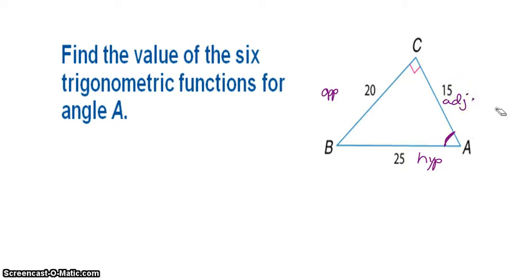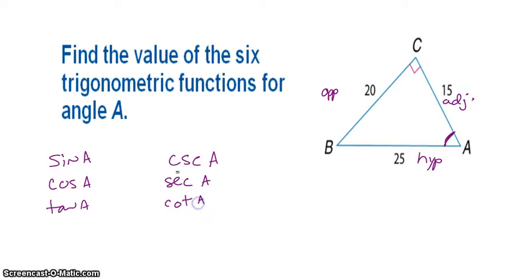So now I'm going to set up where my answers are going to go. So I've got sine, cosine, tangent. Sine goes with cosecant. Now technically there should be a little A after all of these. I usually leave it out.